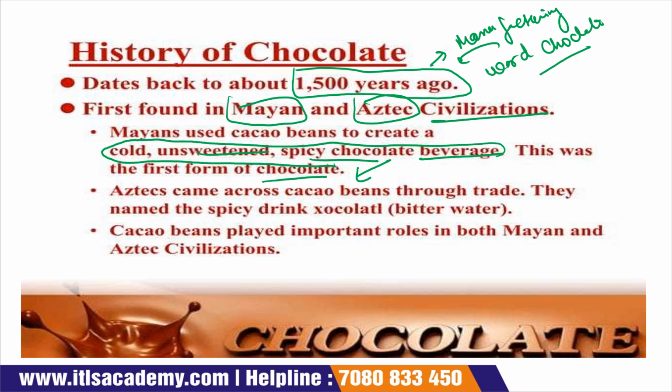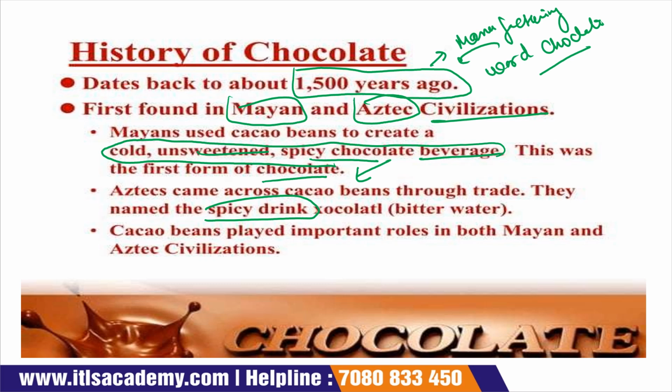Now the next civilization, the Aztec civilization, used these cocoa beans like a currency, and they prepared a spicy drink and named it xocolatl.